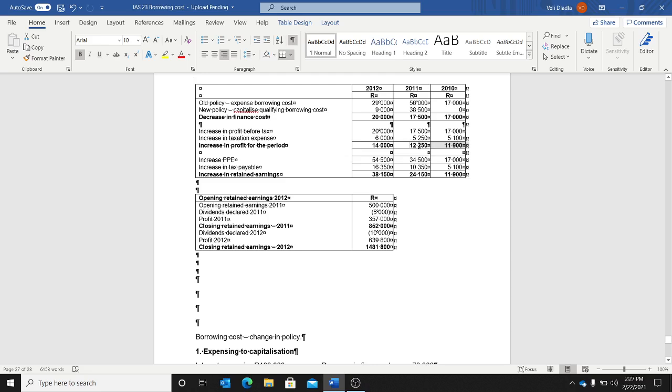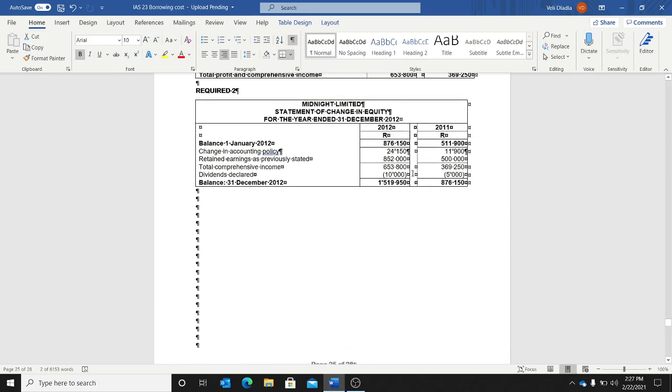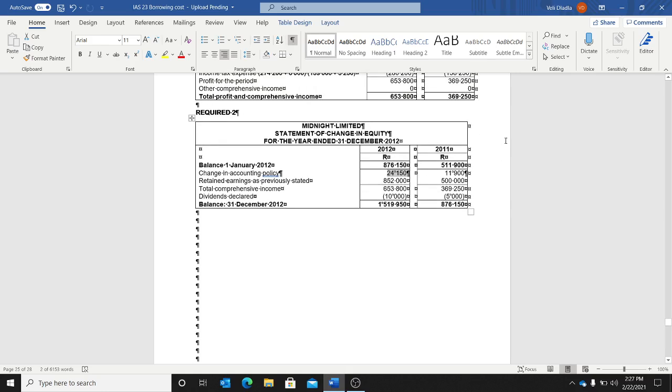This 11,900 plus this 12,250 should adjust 2012. 12,250 plus 11,900 should be 24,150. Here we go, 24,150, because you've got two priors, you've got 2011 and 2010. You adjust there.